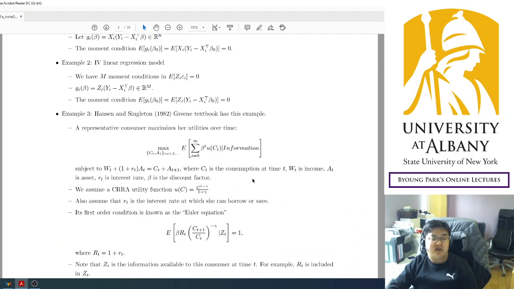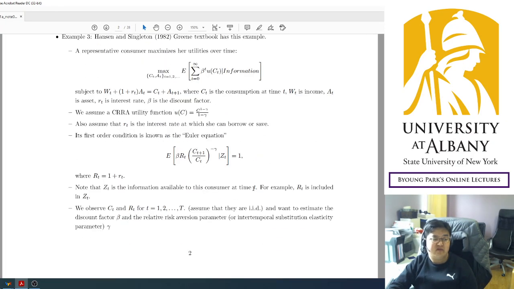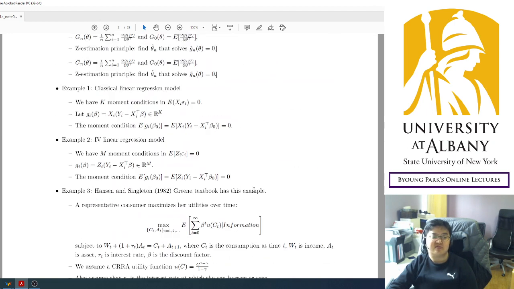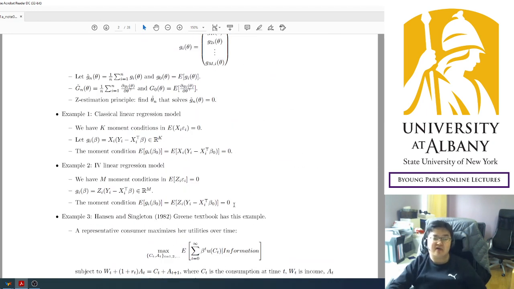Here I'll give you three examples. The first two examples are the usual suspects. The classical linear regression assumptions imply this moment condition. The moment condition comes from the exogeneity assumption, and the moment function depends on beta and the ith observation. The moment function should depend only on observations and the parameter.